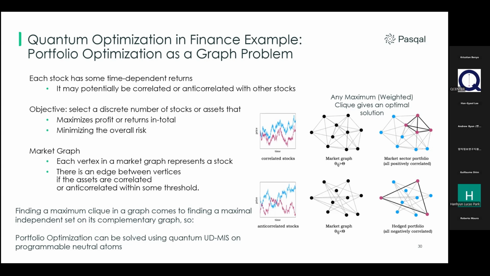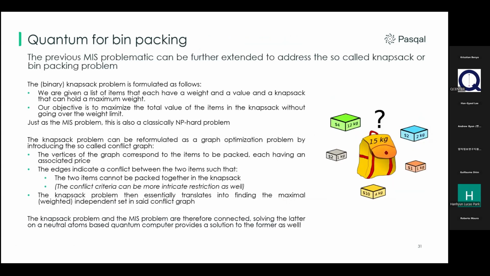So trying to find the largest fully connected set, or equivalently, it can boil down to finding a maximum independent set on the complementary graph. So even for this seemingly abstract representation, the maximum independent set problem can play an important role.